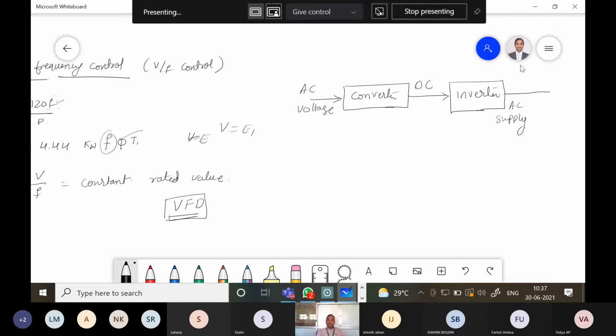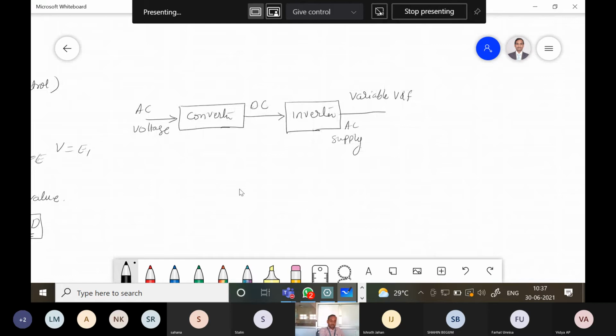So we will get both V and F variable. This is applied to the stator part of the three-phase induction motor. This is called the electronic scheme of V by F control.